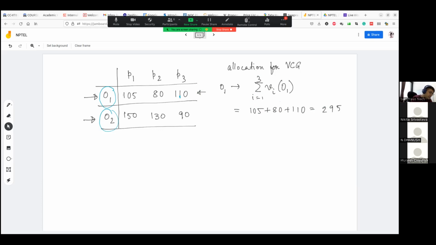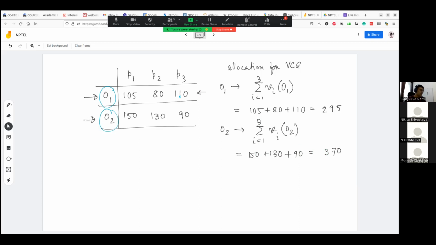And similarly, what is the sum of the valuations when the outcome is O2? Can someone do the calculation for me? 300 and 370.